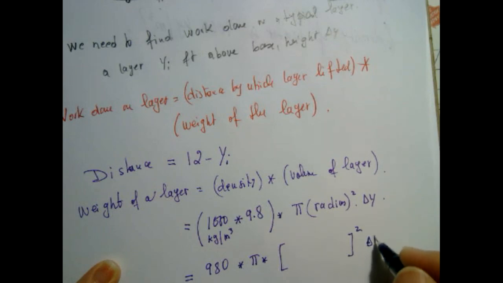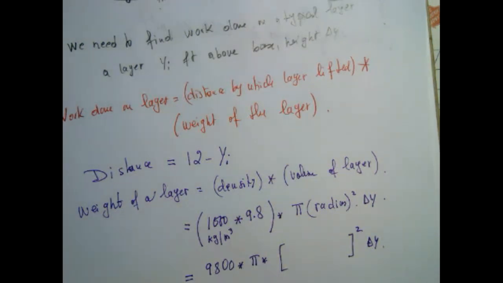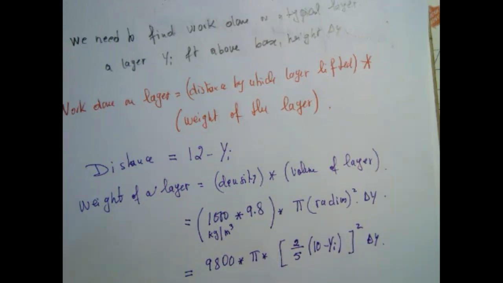Wait, you said 1000 times 9.8. Wouldn't that be 9800? Yes, of course, it's too early in the morning. Okay, what's the radius? Sorry, 2/5, 10 minus y.